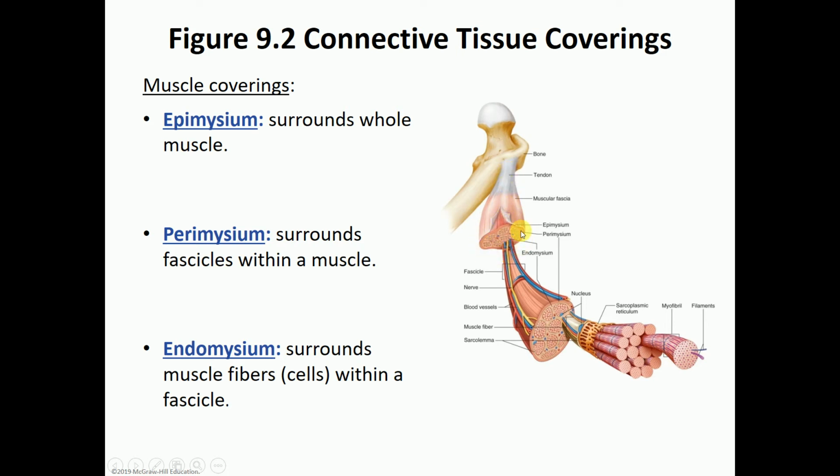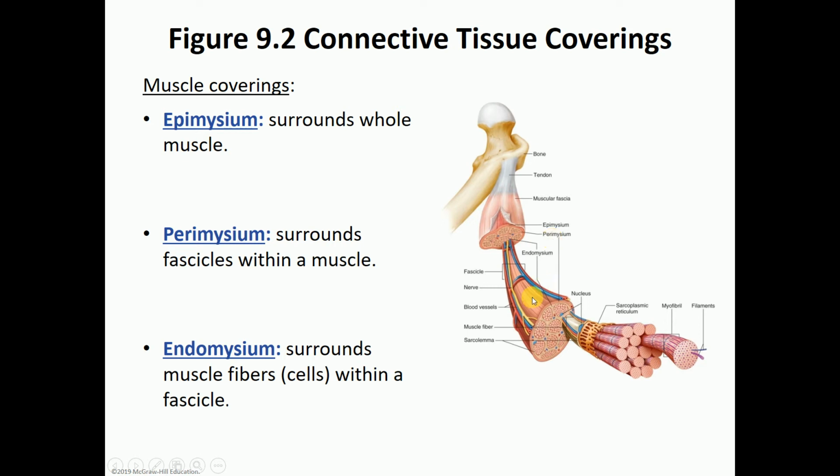Now, that epimysium is going to send down extensions into the muscles proper, dividing it into smaller fascicles. So each fascicle will be surrounded with another layer of connective tissue known as the perimysium. We kind of pulled out one fascicle, and that fascicle is going to be surrounded by a layer of connective tissue that we call the perimysium.